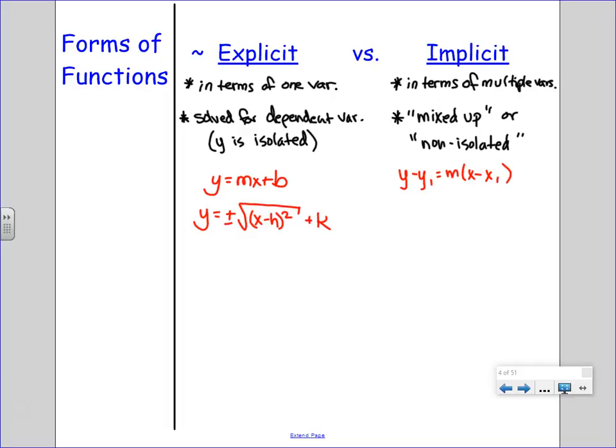Implicit, we could say x minus h quantity squared plus y minus k quantity squared equals r squared. Hold on. I did a bad job. I should have written the implicit one first. The explicit would be y equals plus or minus the square root of r squared minus x minus h squared, plus k. Ugh, it's even worse than we thought.